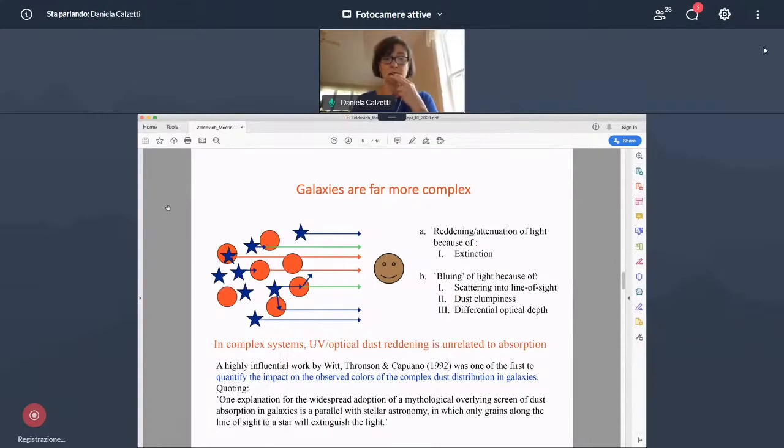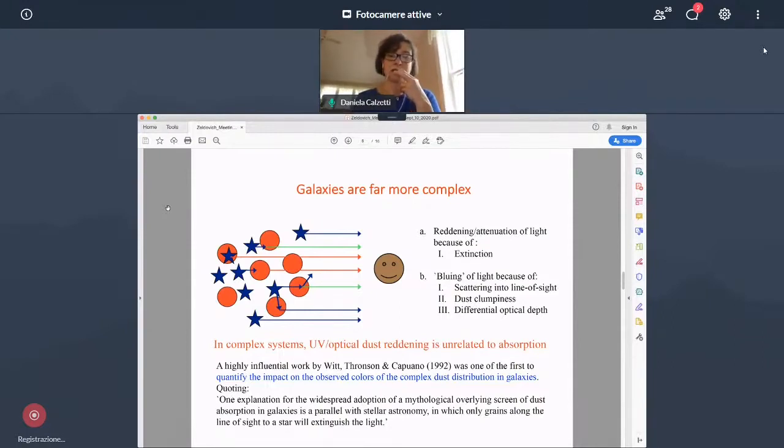One of the earliest papers that made very clever observations about the problem was the one by Witt, Thronson and Capuano in 1992, when the authors observed that astronomers tend to adopt the so-called mythical overlying screen of dust, which of course is a non-existent mythology when you start to deal with real galaxies.